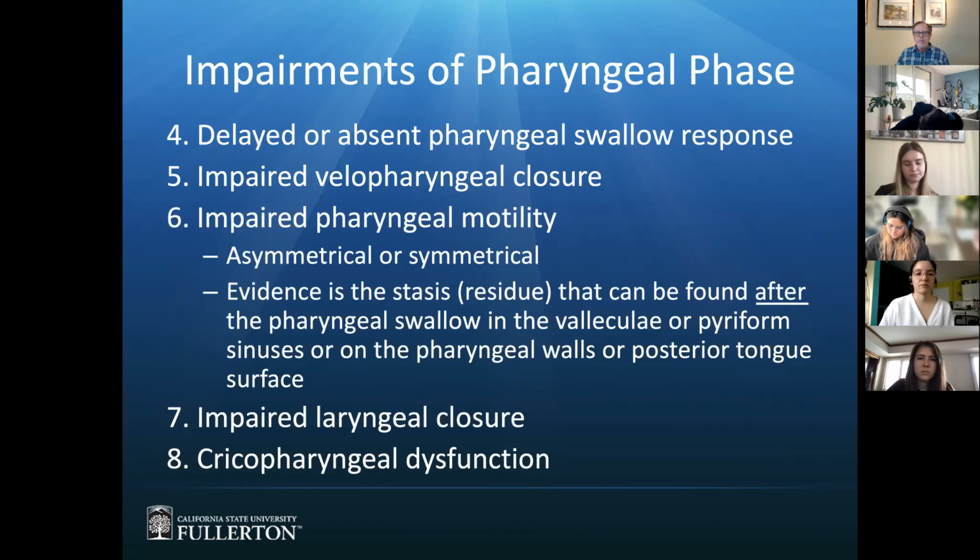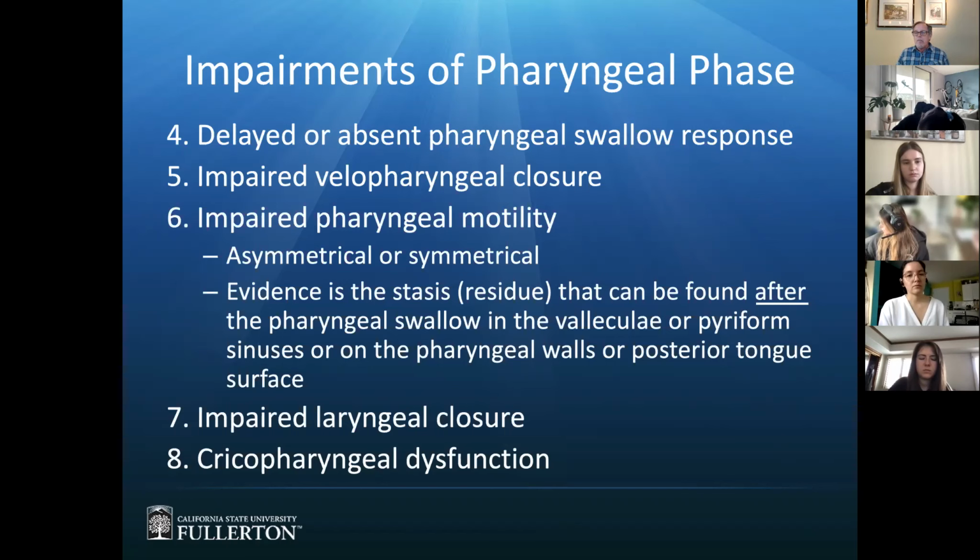And then you can have a pharyngeal swallow response, but it's delayed. That's very common in neurological injury or disease. What happens is the person transfers it back. The oral transfer can be effective. It's not in the mouth, and it's sitting down in the pharynx someplace.